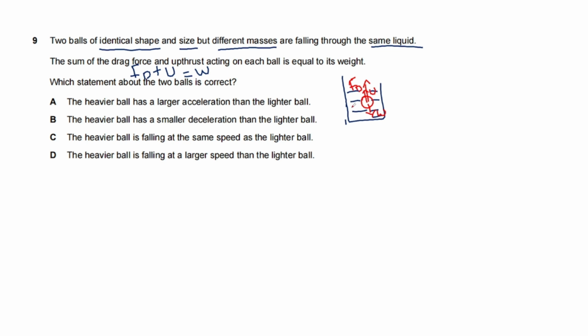So if the forces on this ball are balanced, which means that the sum of upward forces is equal to the sum of downward forces, then we could say that the ball is falling at the same speed, right? Which means W is equal to Fd plus upthrust. If this ball is satisfying this equation, it doesn't have any acceleration. The velocity would be constant, right?